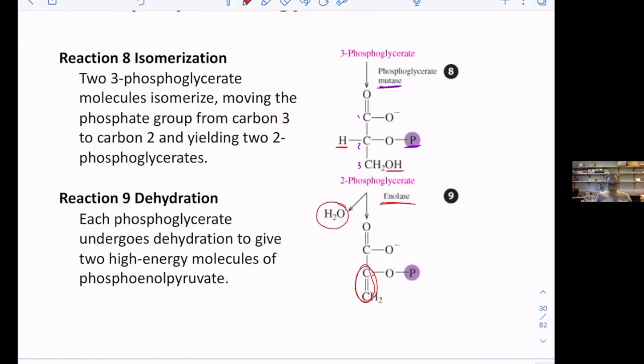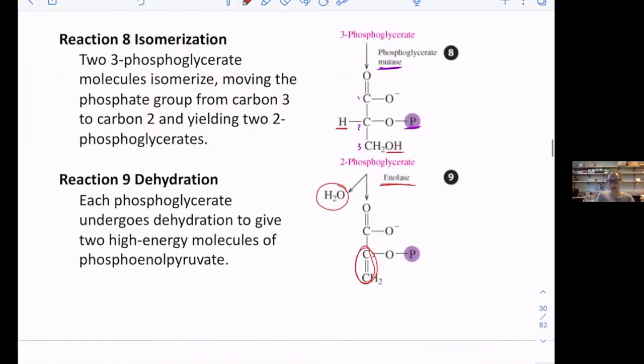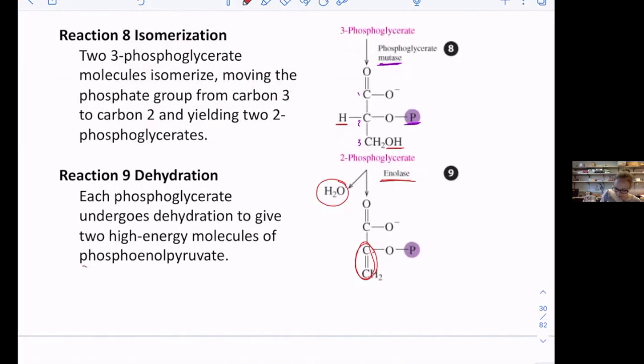But we're going to use that to make 2 molecules of water. And then again, this molecule here is going to be a high energy molecule. So that means it's about to be donating energy. This is phosphoenolpyruvate, that molecule here.